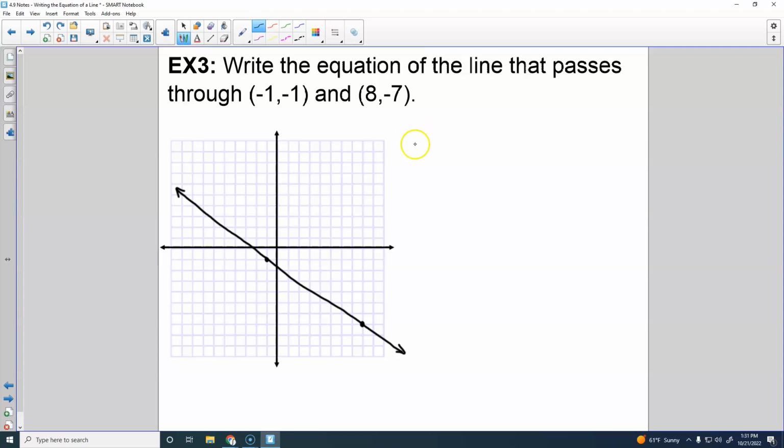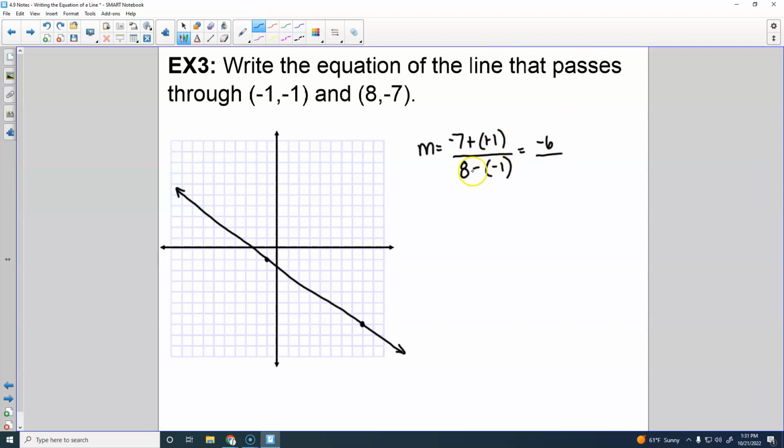So, Rosalind, tell me how to find the slope here. What would I do for this problem? Perfect. Okay, so we're just using slope formula here. -7 minus -1. That becomes like -7 plus 1, which will be -6.